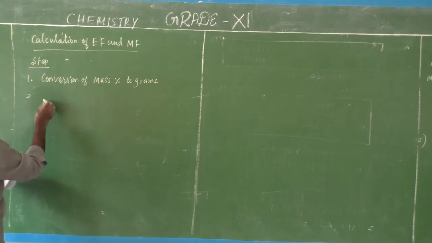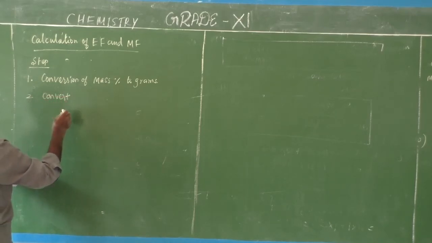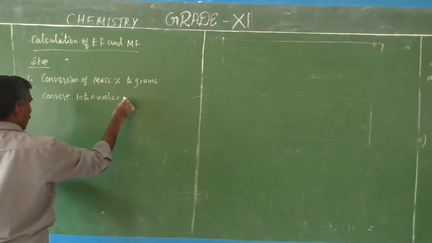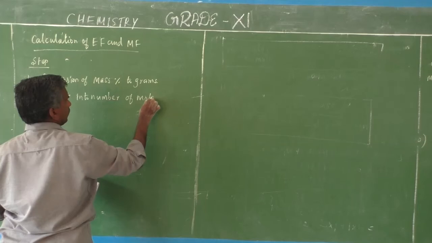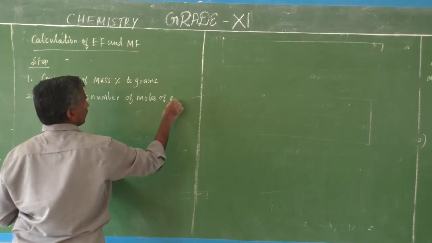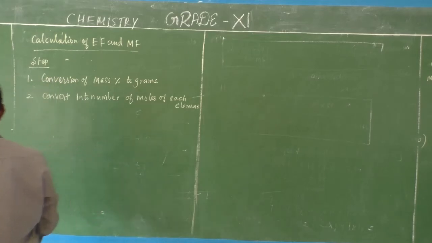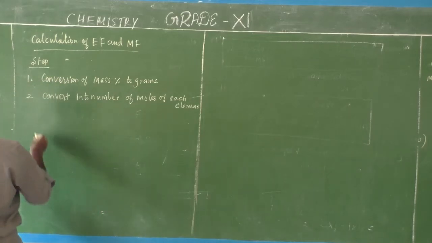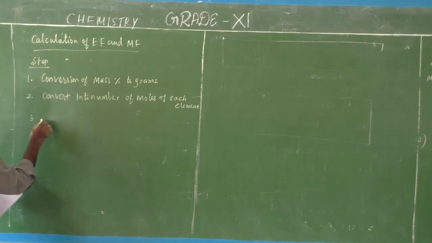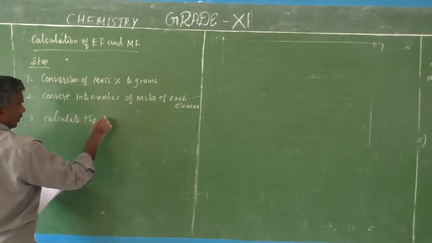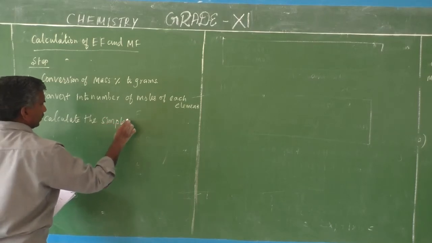Second, convert grams into number of moles of each element. Third step, calculate the simplest ratio, the simplest whole number.